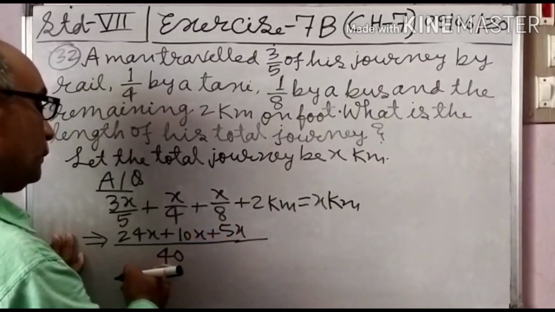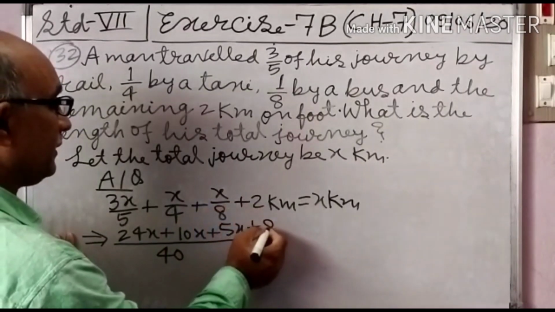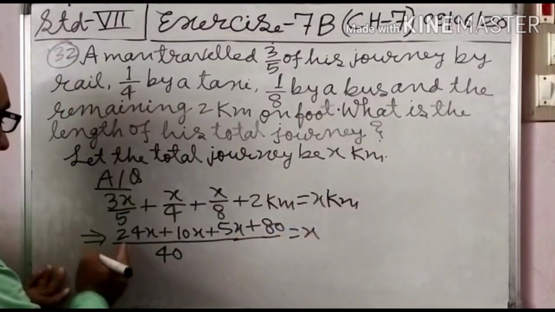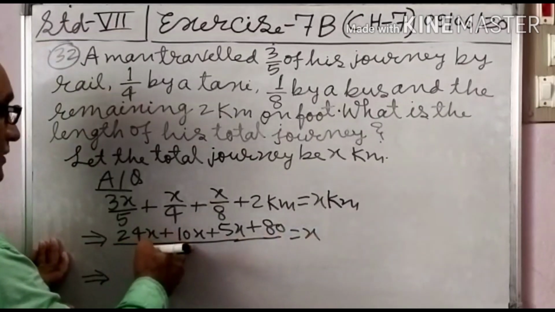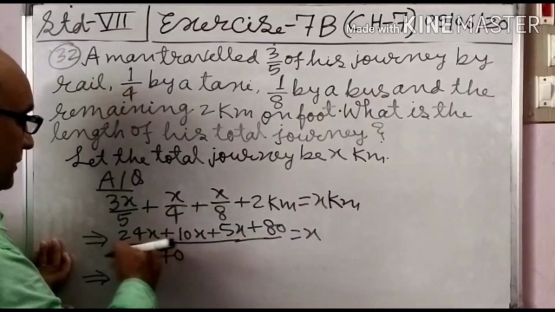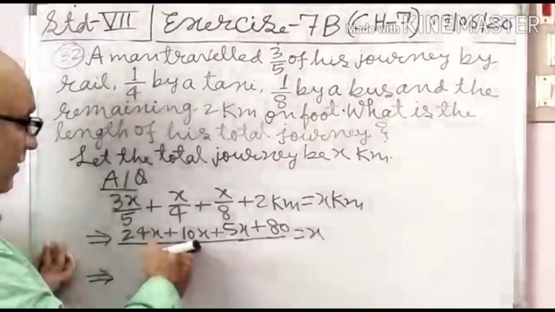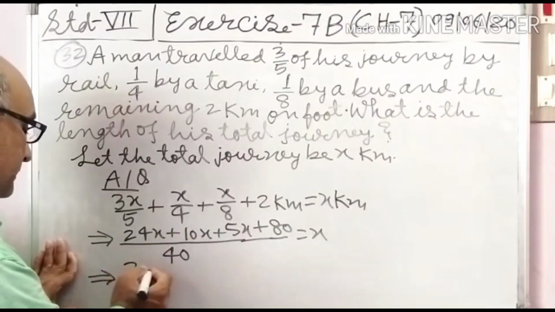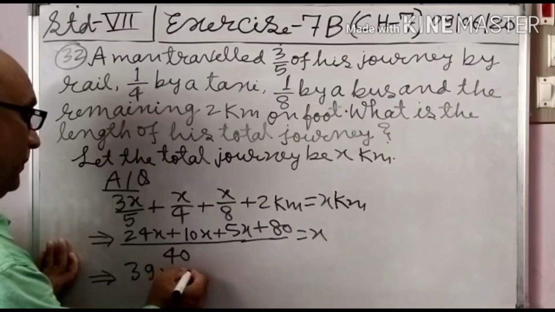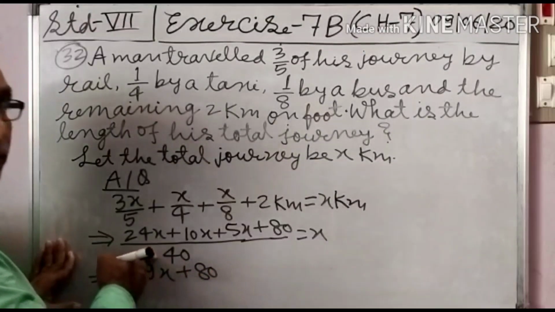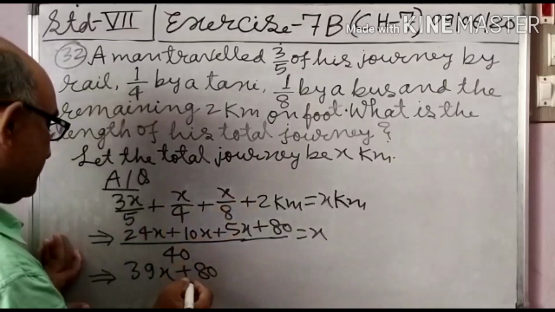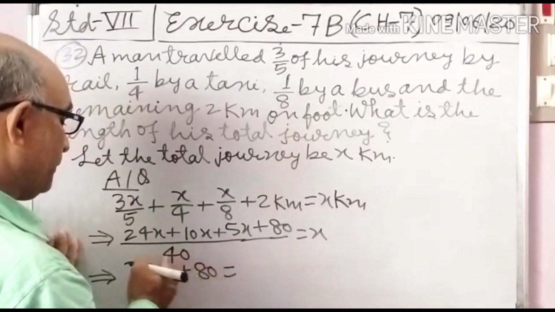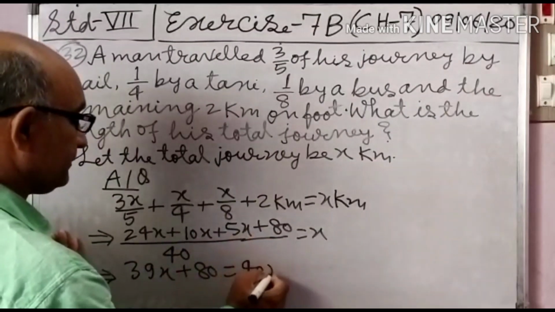Plus 40 into 2, 80 equal to x. That implies 24x plus 10x, 34x. 34x plus 5x, 39x. Plus 80. And here 40 is divided by transposition change into multiply. So 40 into x, 40x.